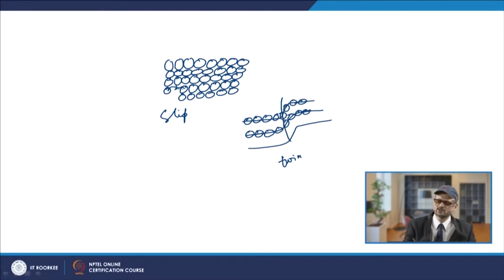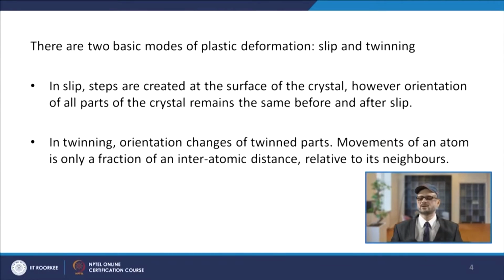Now, this is the twinned zone, and what you see is that in the case of slip, before or after slip, the arrangement of atoms and the orientation do not change, whereas in the twinned zone the orientation is changing. In slip you have steps created at the surface of the crystal, but the orientation of the parts of the crystal remains the same before and after the slip.